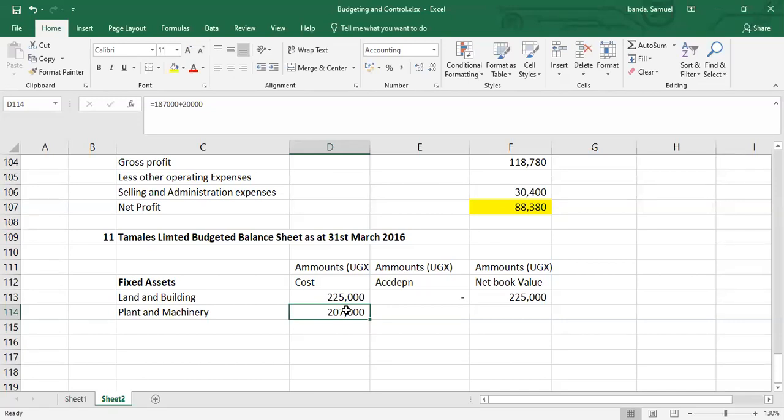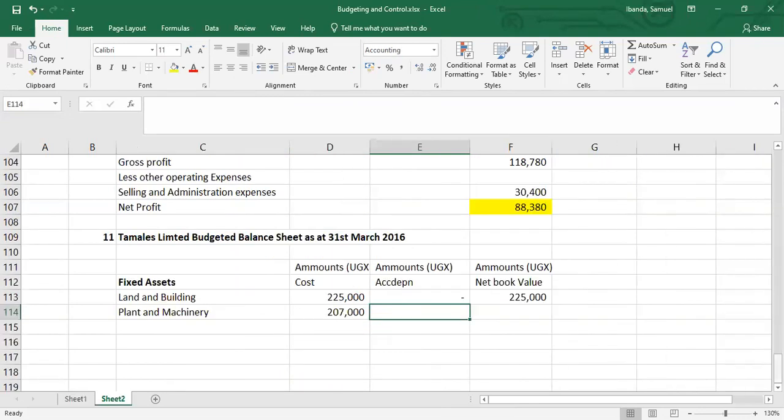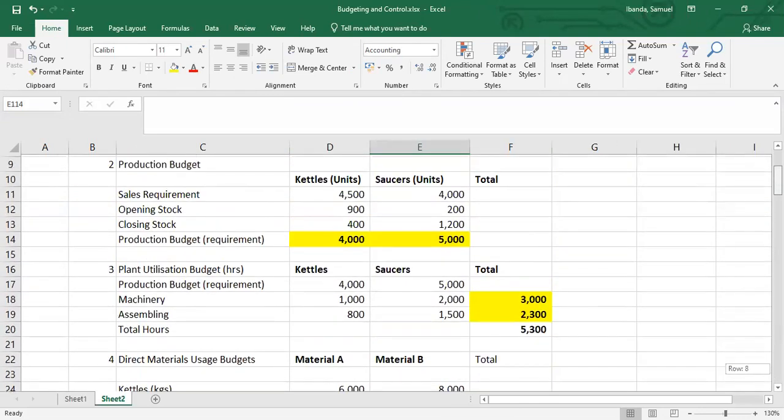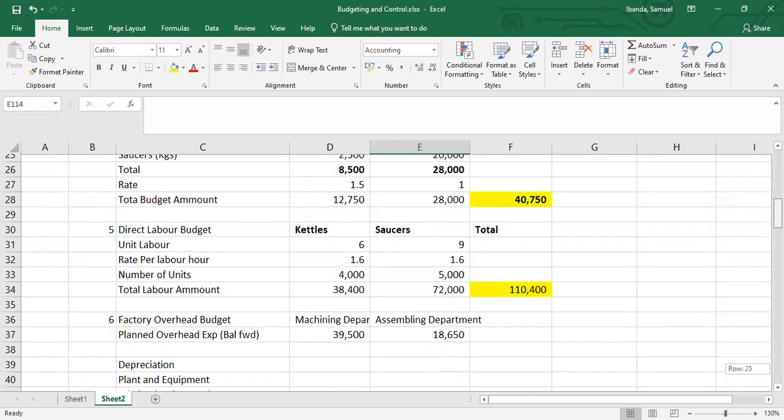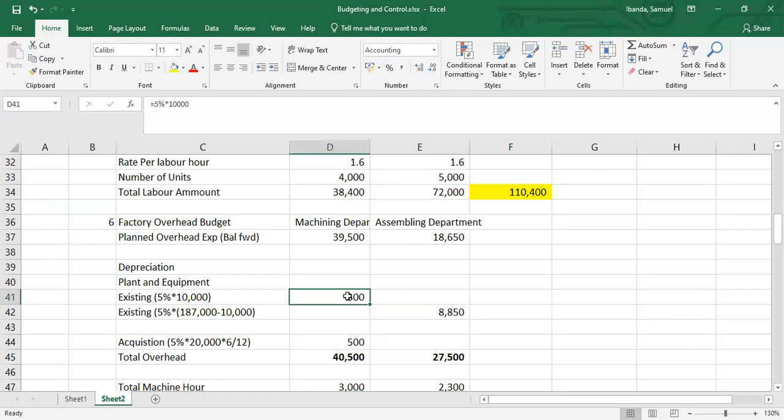So cost-wise, we are going to add a new machine worth 20,000. Now, in the same way, if you have 207, yours is to ask about the depreciation. What will be the depreciation? If you remember, I think we calculated depreciation somewhere, I think on the overhead budget. It was right here.